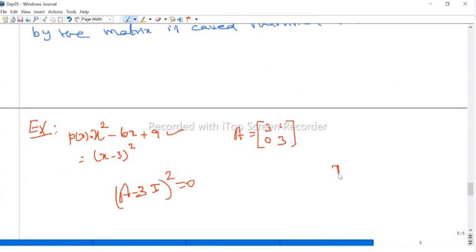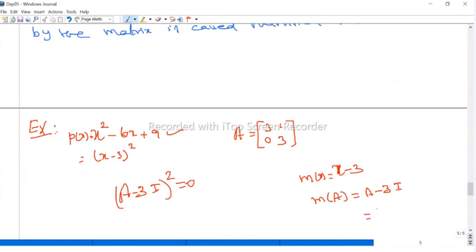Suppose I take x minus 3. We usually call the minimal polynomial by the notation m of x. Suppose I am taking the first degree polynomial m of x equal to x minus 3. Now I am going to check whether m of A equals 0 or not, that is, whether A minus 3I is 0 or not.